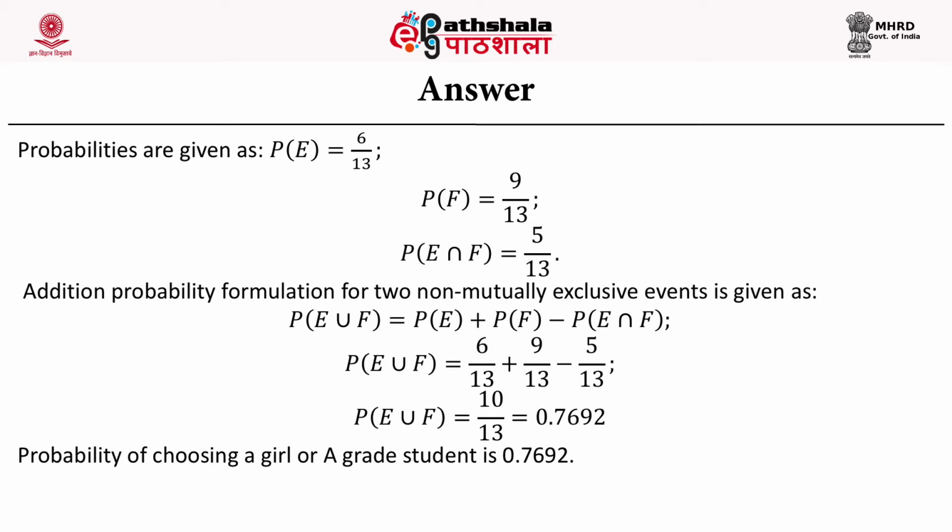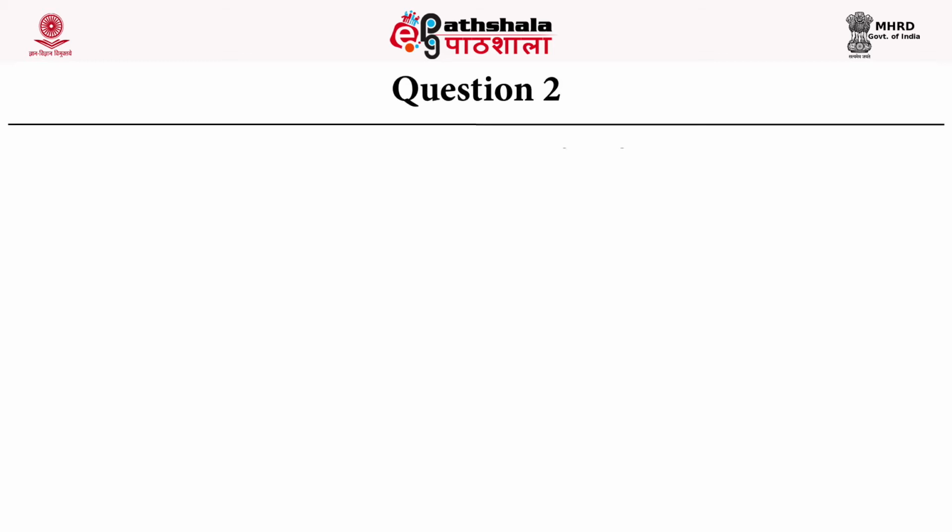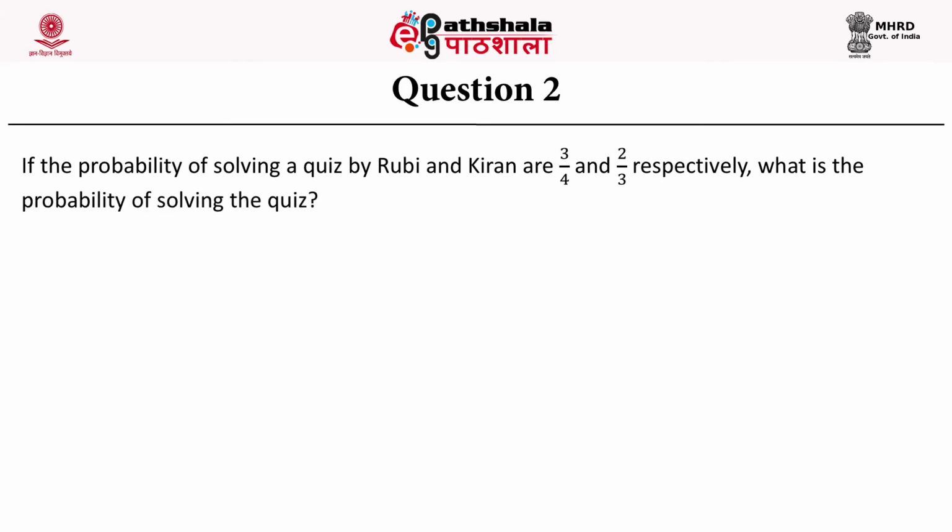So after putting the values of these events in this formula, we get the answer 0.7692. So the probability of choosing a girl or an A grade student is 76.92%. That means we are 76% sure that when we select a person, a girl or an A grade student is chosen.